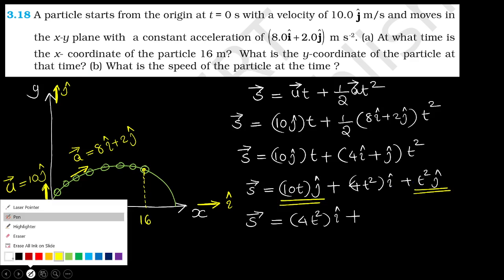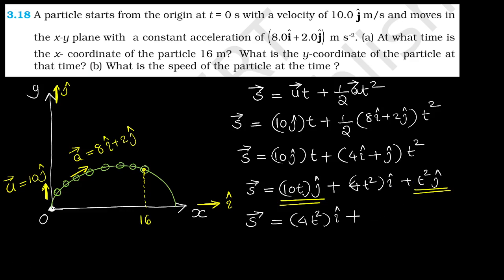From the two terms I can take j common. 10t plus t square. So you have to reduce like this. S will be a displacement vector. It will have i cap and j cap. 4t square horizontal displacement, 10t plus t square vertical displacement.